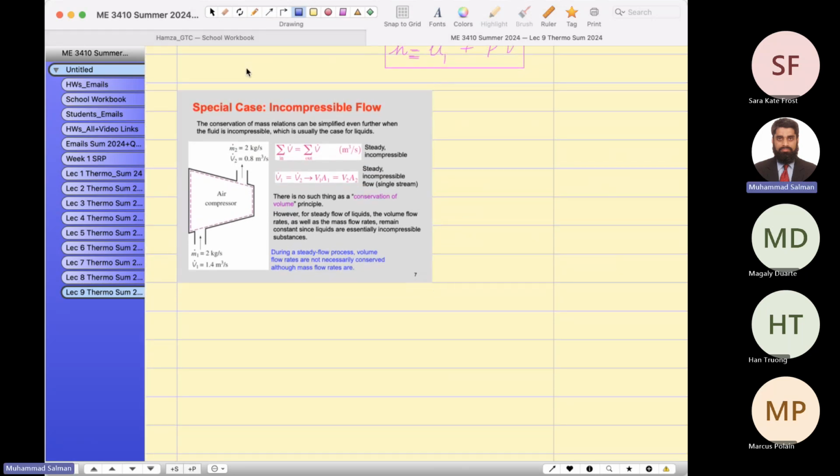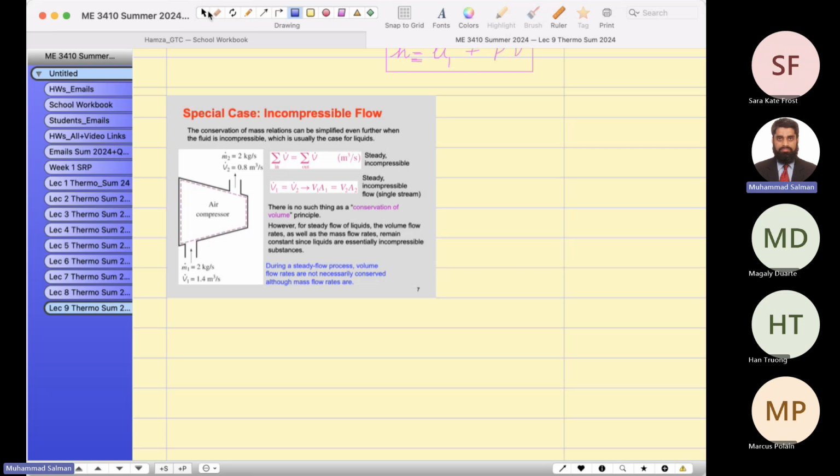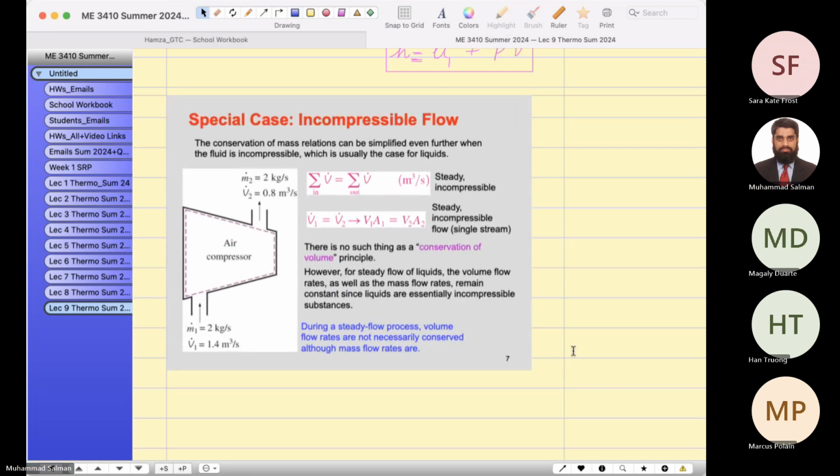Then we have volume flow rate. This is true for some special cases when you have incompressible flow. There is no such thing as conservation of volume principle for compressible flow, though it is true for steady incompressible flow. For example, in an air compressor, the volume flow rate entering the system is 1.4.